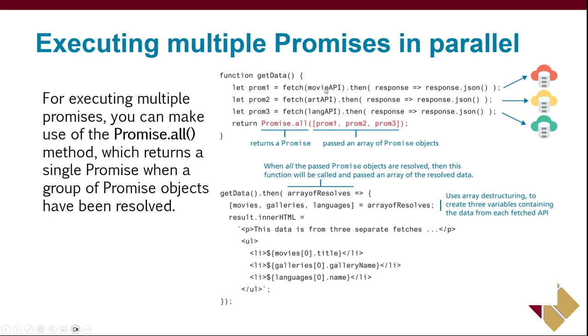We have one that's targeting the movie API, one that's targeting the ARP API, one that's targeting the language, and then you can do them all at the same time. And then when it's done, do this thing, right? You cannot have multiple promise objects that target the same thing happen at the same time. If you try, it will fail.